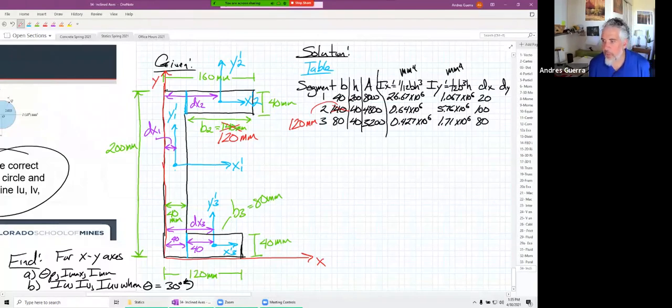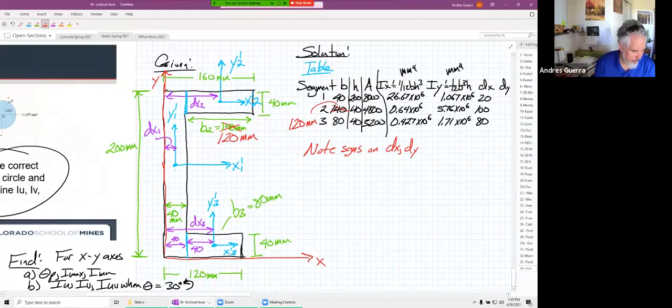Oh, and then what about the signs on these? Note the signs, remember, on dx and dy are all going to be positive for this example.